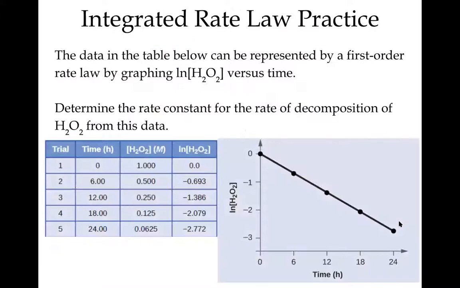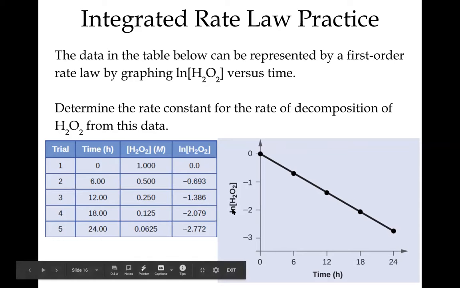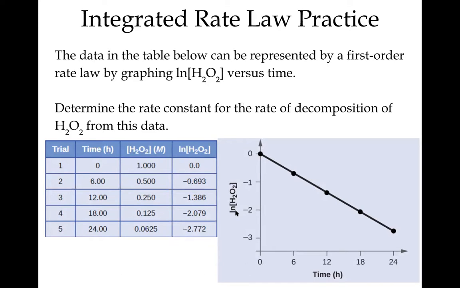So with that in mind, let's practice something. We have two pieces of data below, and we're going to say right off the bat that it's a first order rate law. And over here we have the graph of the natural log of these concentrations over time.